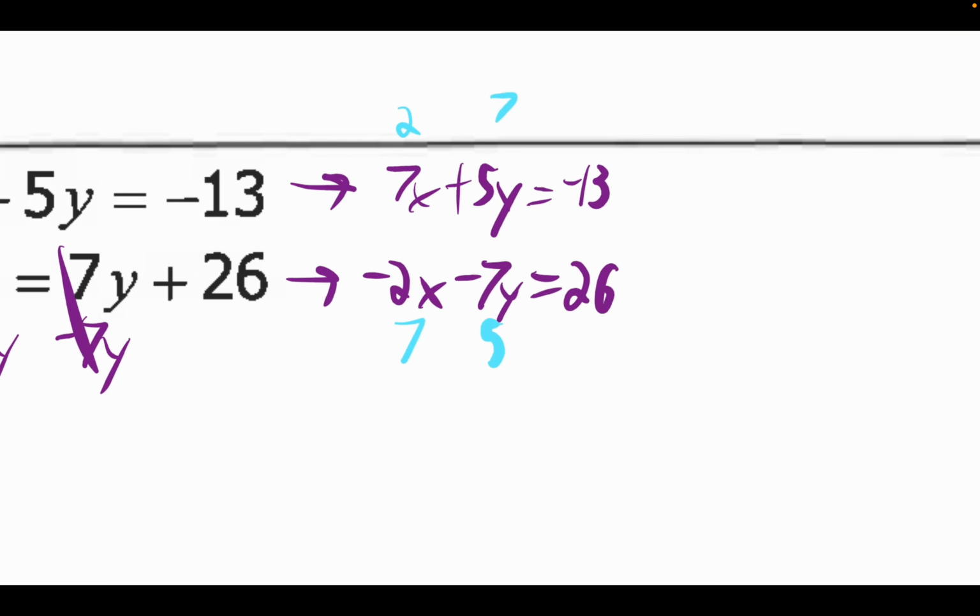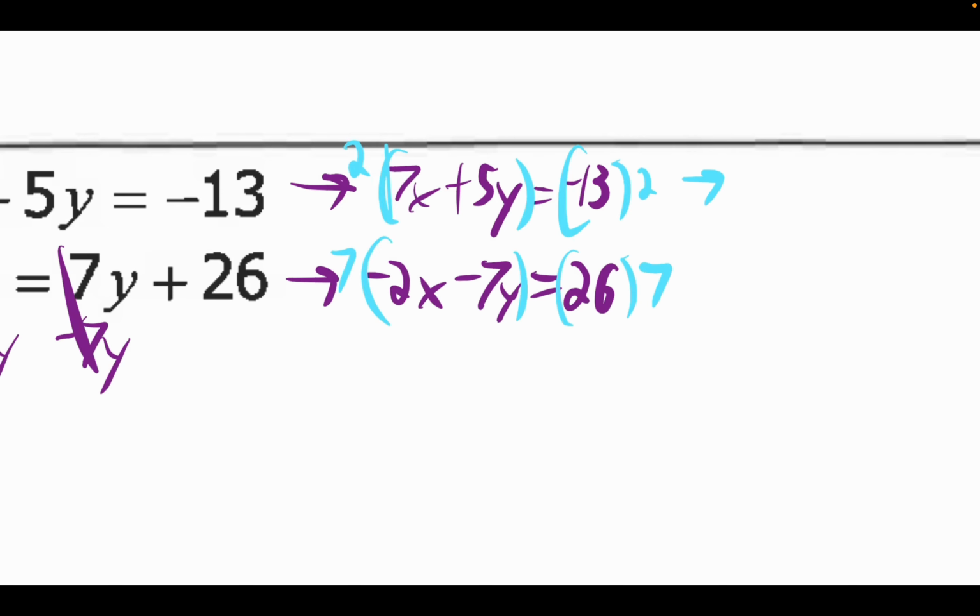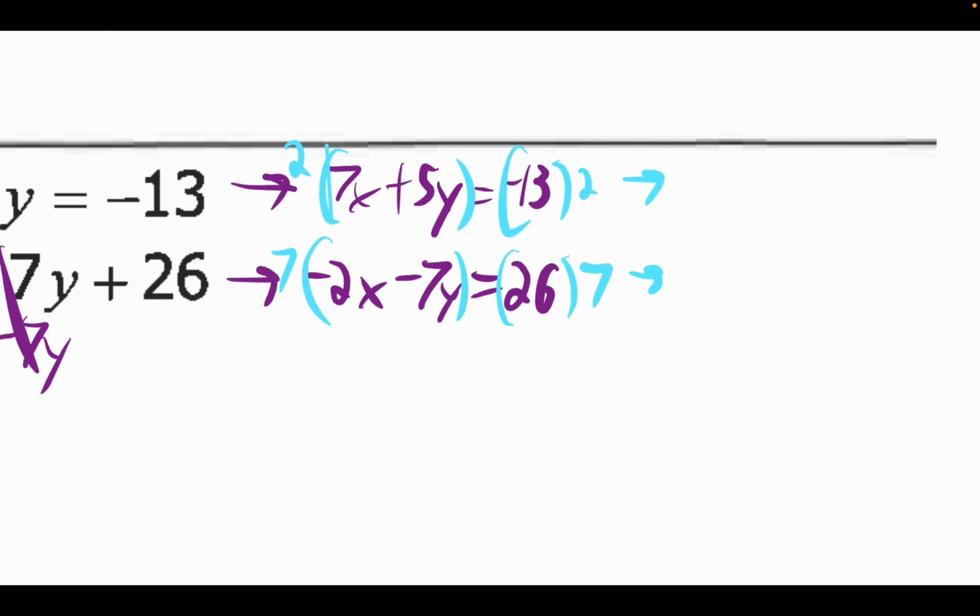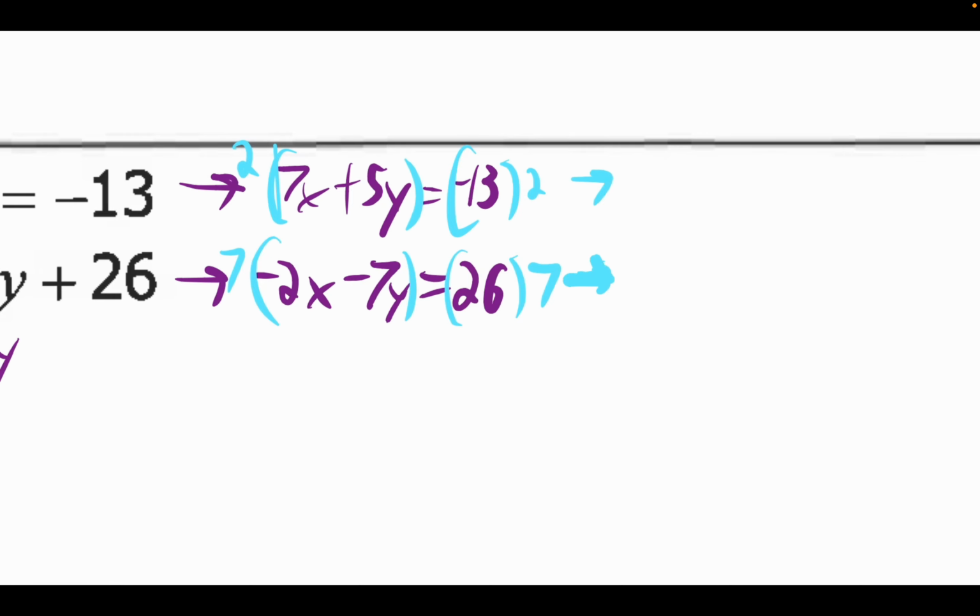If I'm given these choices, I'm going to pick 2 and 7. So I'm going to multiply the top equation by 2, bottom equation by 7, and they both can be positive here. They technically could also both be negative here. That would just create a lot more sign changes that you need to do, but you'd get the same answers at the end.